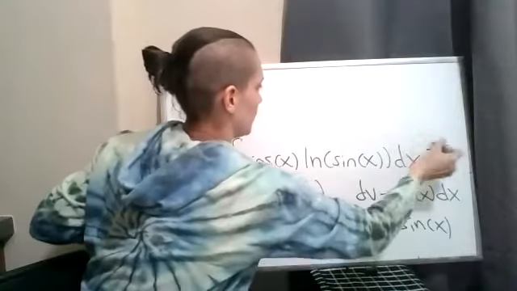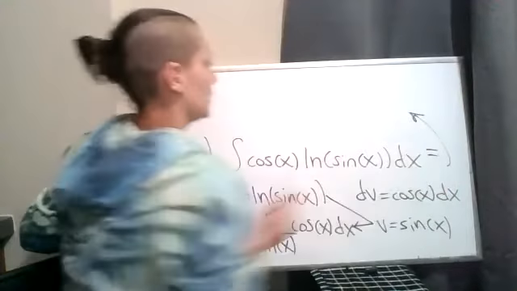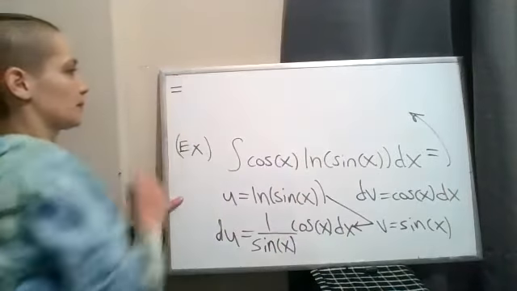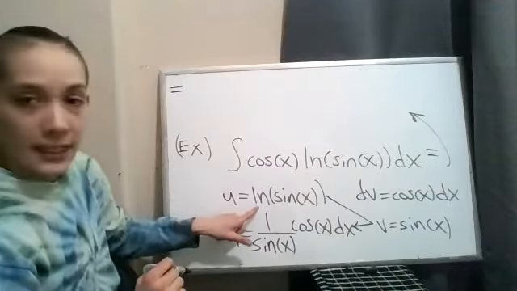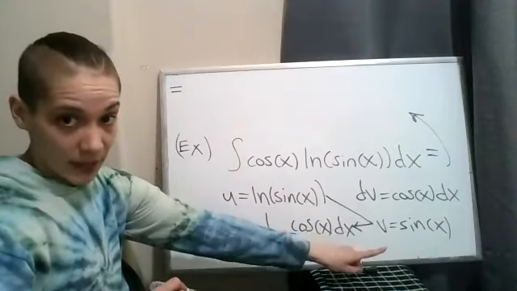This is equal to, I'm going to go over here, ln of sine of x times the sine of x.